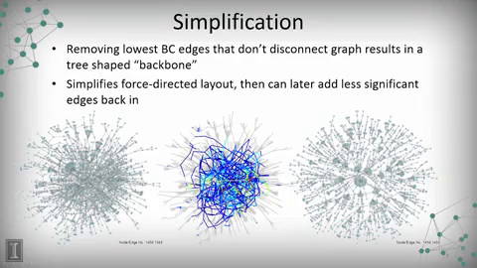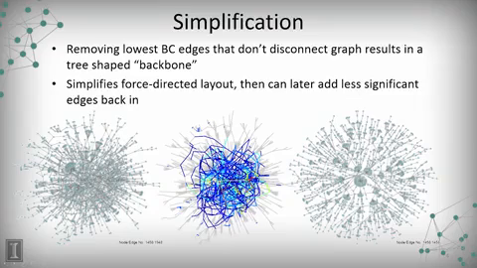So I get something like a tree that's minimally connected, but I've retained the high betweenness centrality edges and removed the lowest betweenness centrality edges. And so what's left is kind of the communications backbone, the most often used edges when I'm finding the shortest path between any two nodes, and that simplifies the layout.